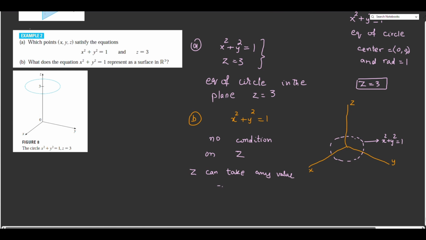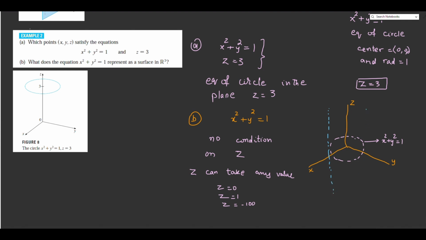For example, z can be equal to 0, z can be equal to 1, z can be equal to minus 100. So as z varies, we are going to get infinitely many circles.